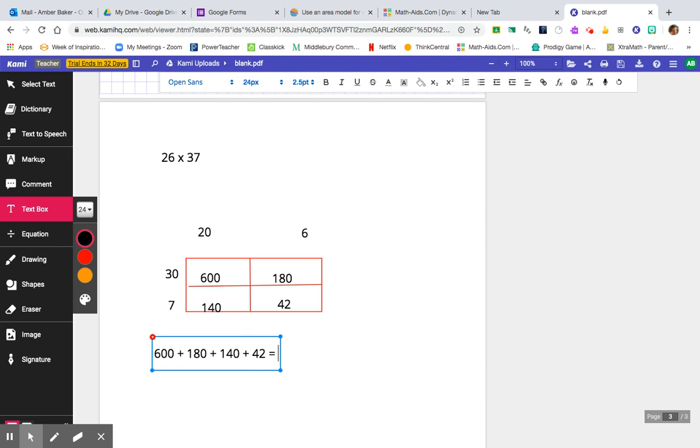Now, usually I would stack these on top of each other to add them, but I went ahead and did that anyway. So when I add all these products together, I get a total product of 962. So the answer to this equation, 26 groups of 37, equals 962.